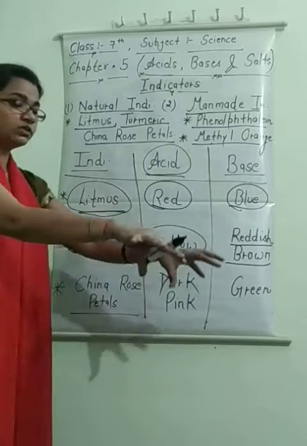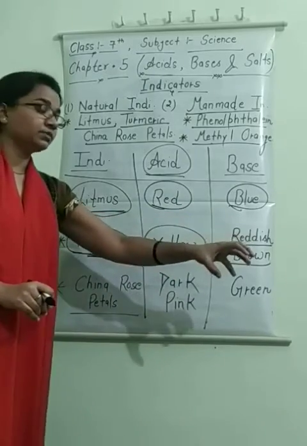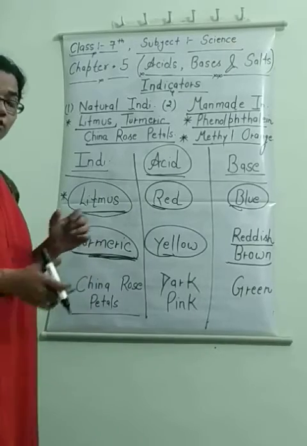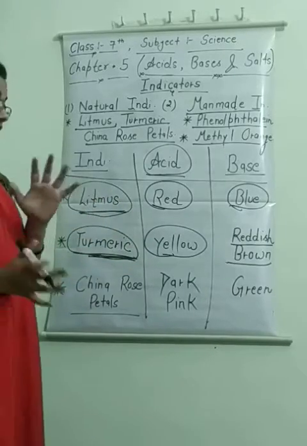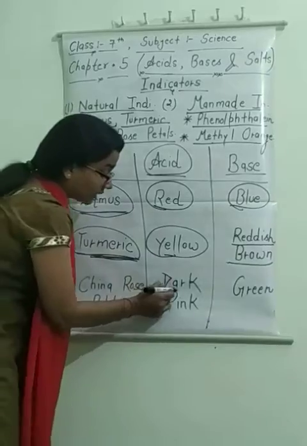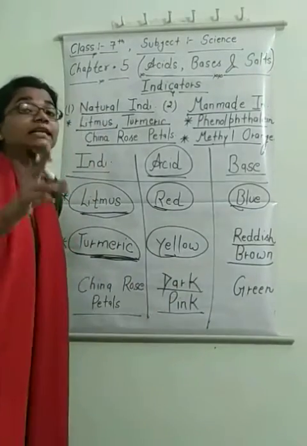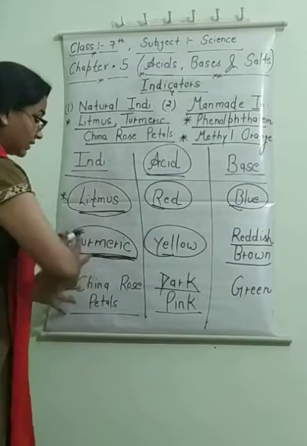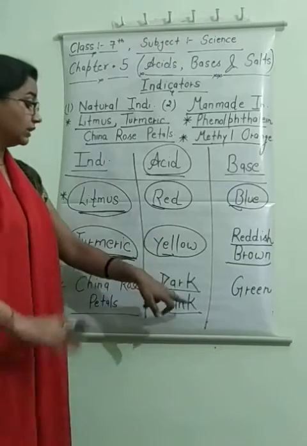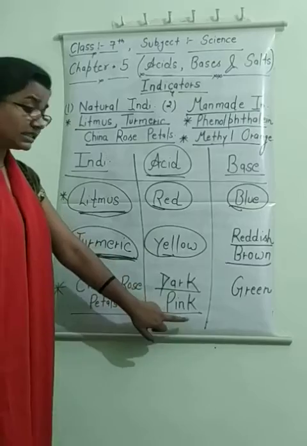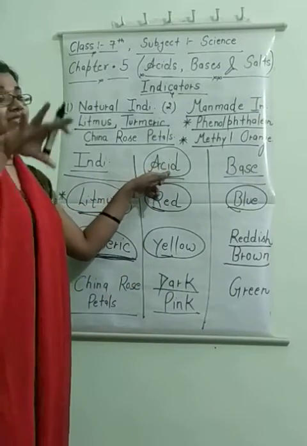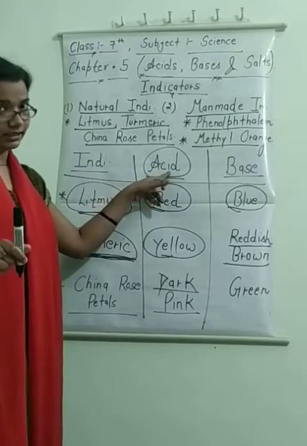So, there are mainly two substances near us, and the first substance comes in contact with China rose petals or that pink solution, and if it gives dark pink color or magenta color, clear? If that solution converts its color into magenta or dark pink, then definitely that substance will be acidic in nature.